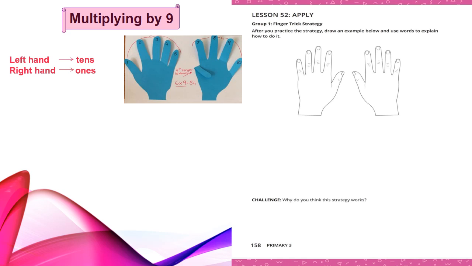So the number of 5 in tens and 4 in ones is 54. 5 in tens and 4 in ones equals 54.